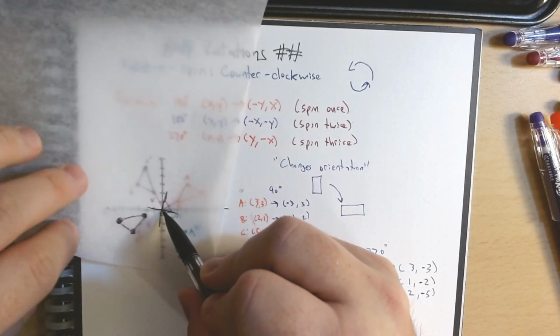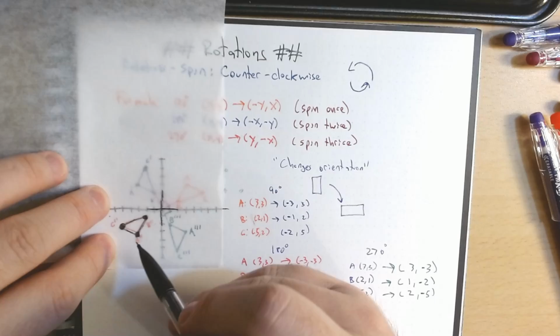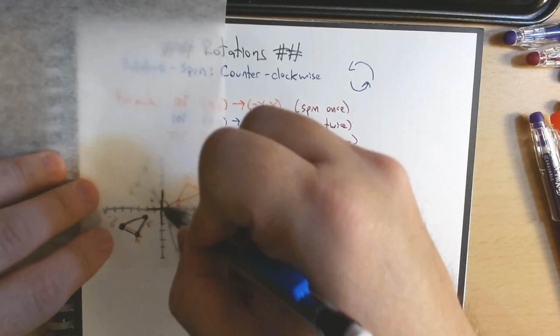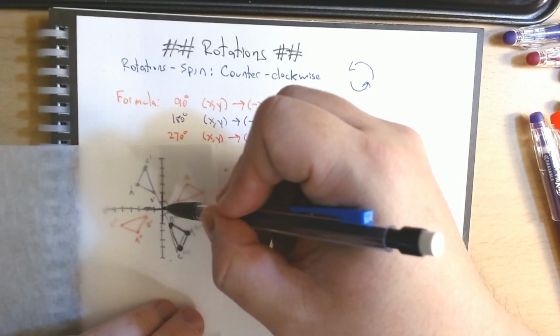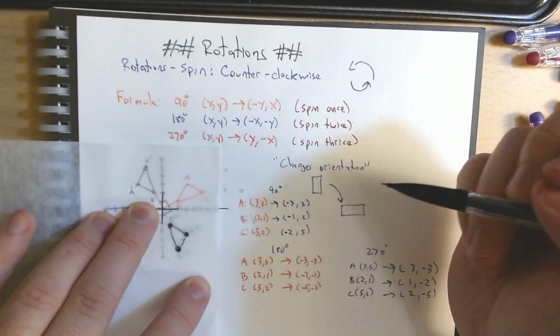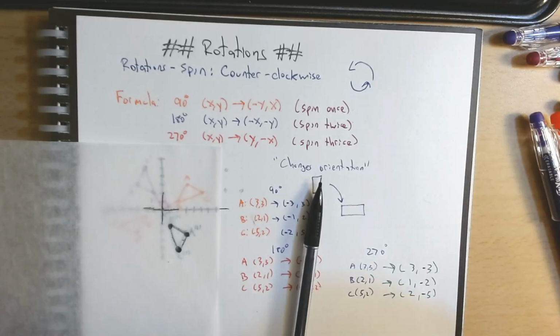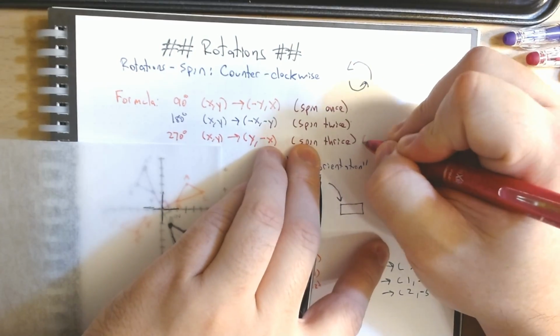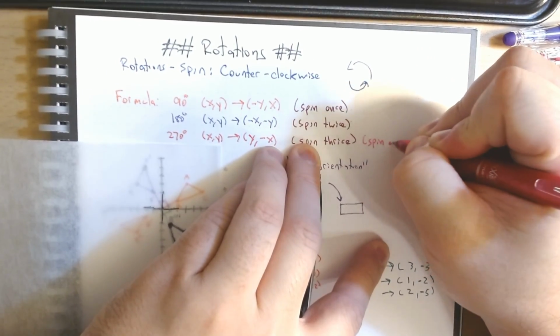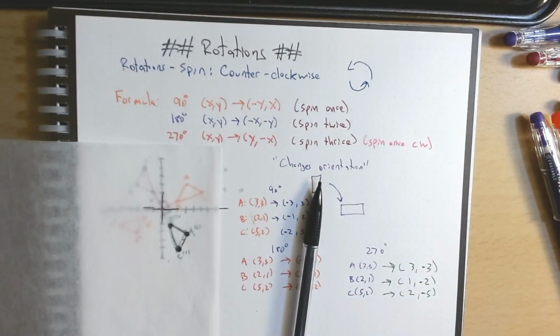Spin it twice. That's 180. And you see it matches. Spin it 3 times and you end up there at 270. Now if you're really good, you could also remember that it's spin thrice or spin once clockwise if you don't want to do it 3 times.